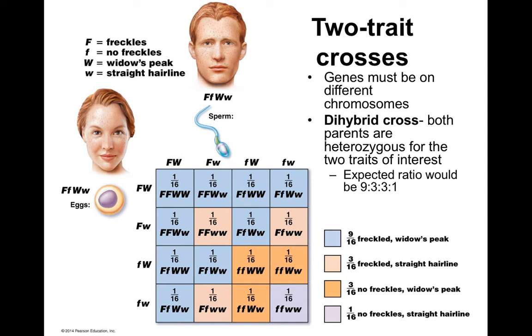Now, for a dihybrid cross, that means each individual is heterozygous for both traits. So here we can see heterozygous for skin pigmentation or freckles, heterozygous for hairline. Same over here.